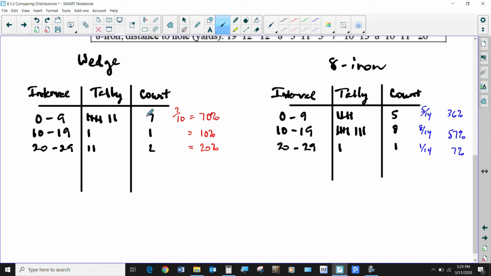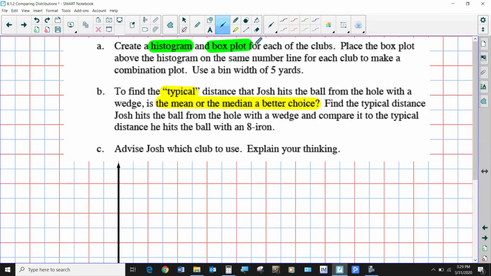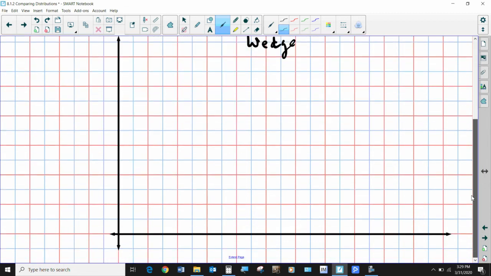All right, so what do we have? First of all, I'm going to pause this, and I'll come back to you. This is going to be the one for our wedge. So where you should start is create a coordinate grid, and let's see, this will be 10, call this 20, and this one will be 30. And then these are our frequencies.